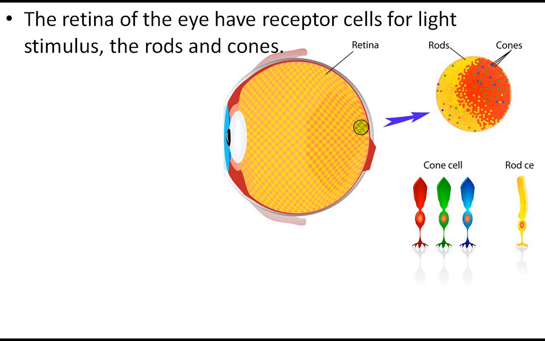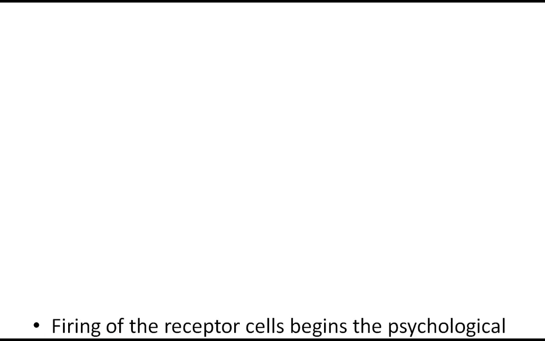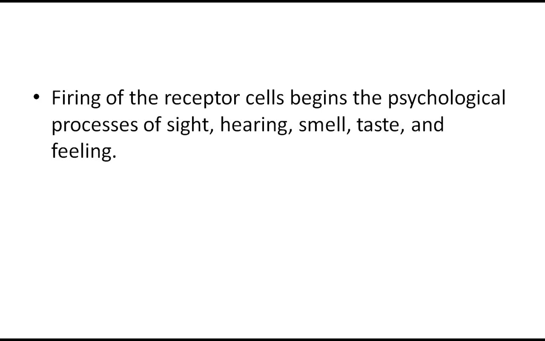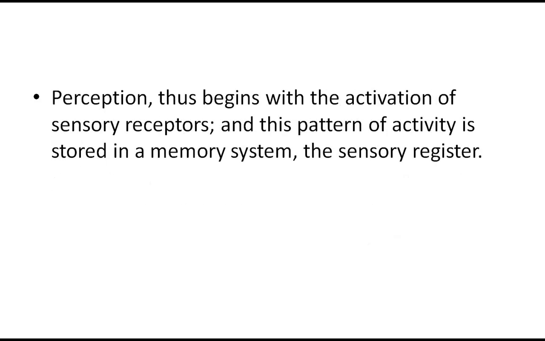In the case of the eye, the retina has receptor cells for the light stimulus, the rods and cones. Firing of the receptor cells begins the psychological process of sight, hearing, smell, taste, and feeling. Once these receptor cells have been activated, the record of this activation is stored on the sensory register. The stored record is known as the sensory trace.